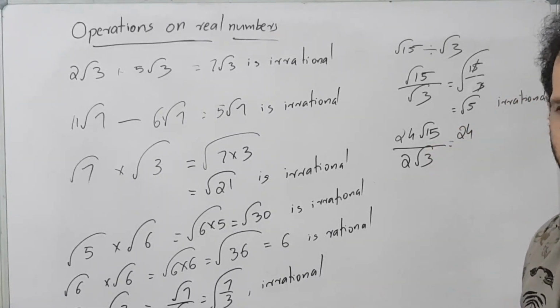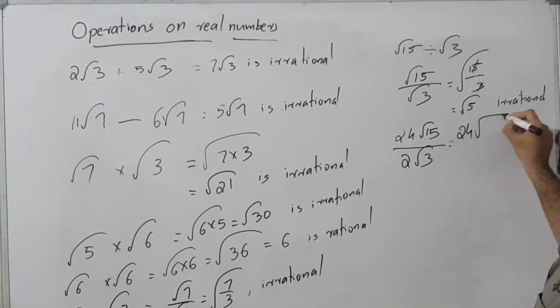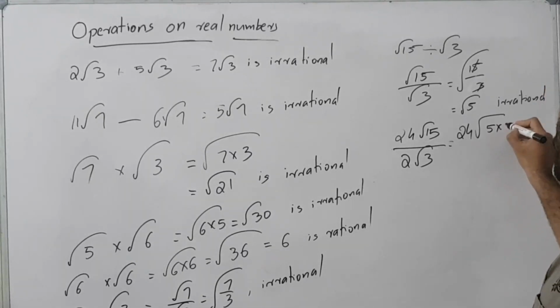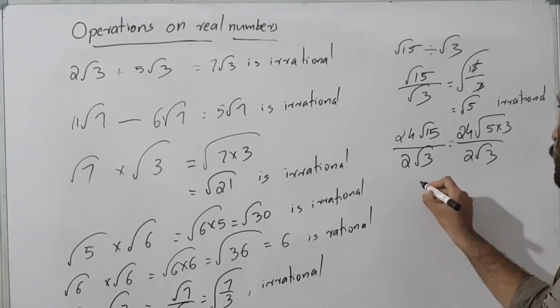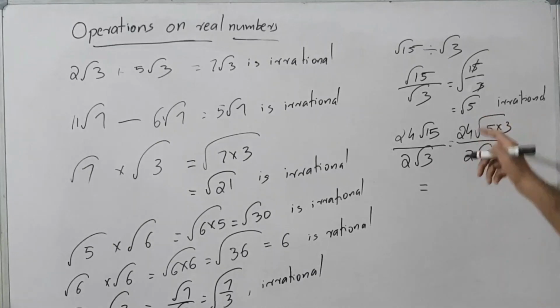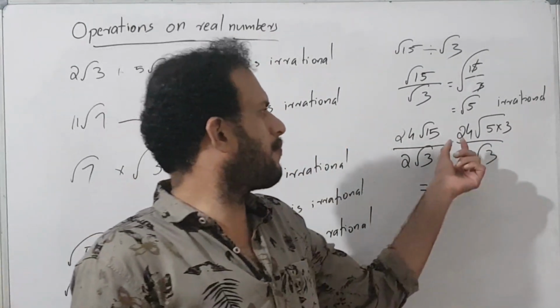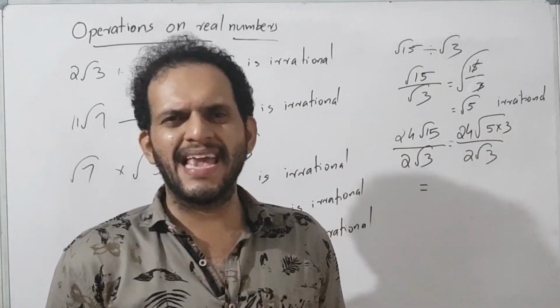Okay, for dividing, how to write? 24 into root of 5 into 3 by 2 root 3. Correct? Then 24 into root of 5 into 3. What is this form? This is in the form of root of a into b.